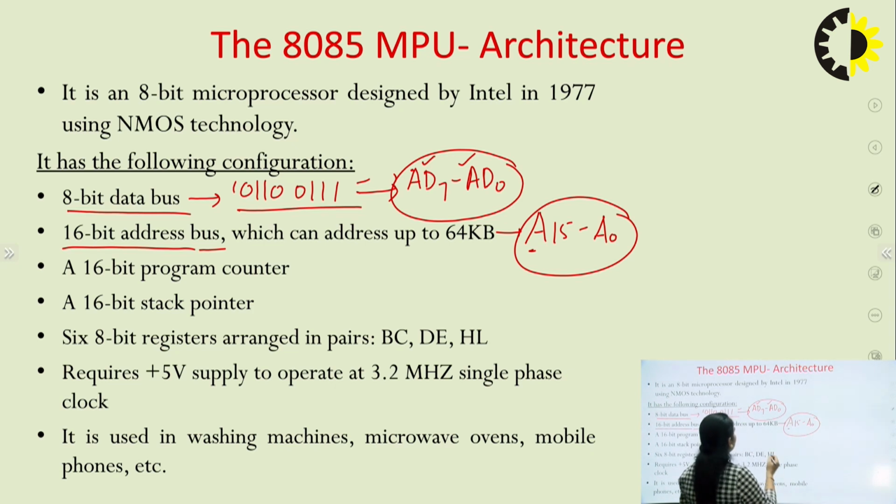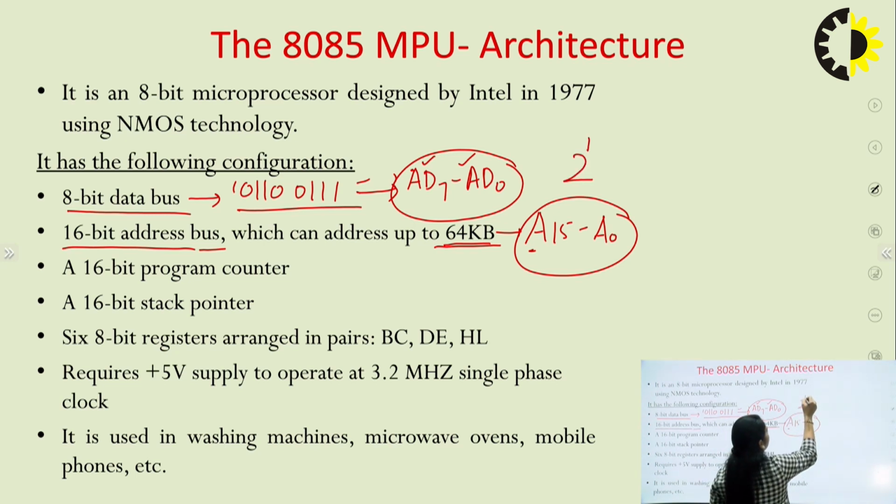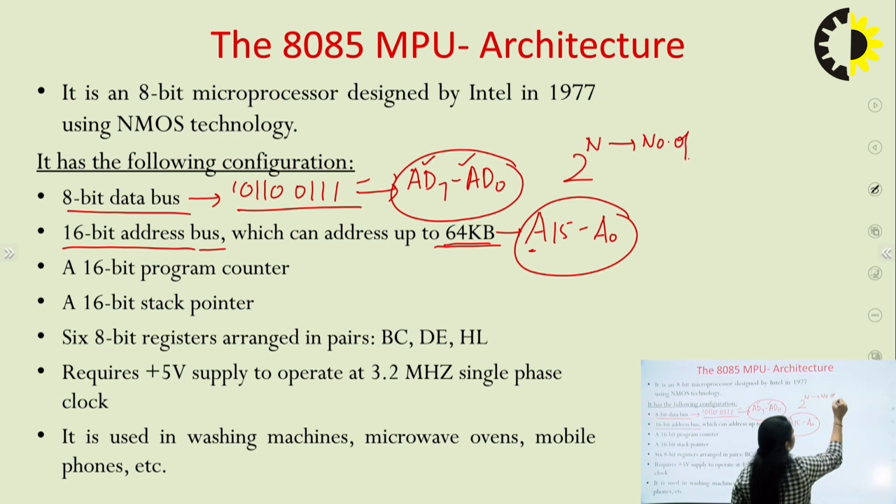So what is 64 KB? It is the memory of the microprocessor, that is, how many memory locations there are in the microprocessor. We got 64 KB from 2 raised to power n, where n is the number of address lines.